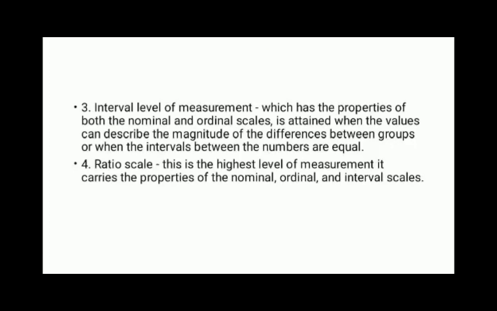Ratio scale is the highest level of measurement. It carries the properties of the nominal, ordinal, and interval scales. An additional advantage is the presence of a true zero point.